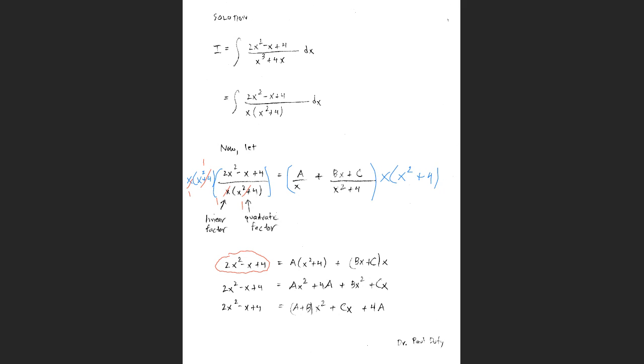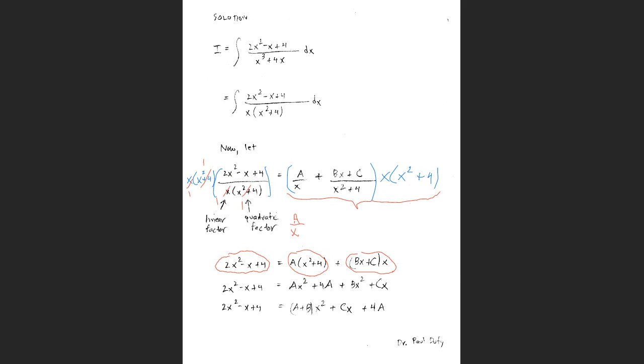And then by simplifying on the right, you will get a times x squared plus 4 plus bx plus c times x. So I mean, this should be hopefully pretty obvious, but I can write it out a little bit.